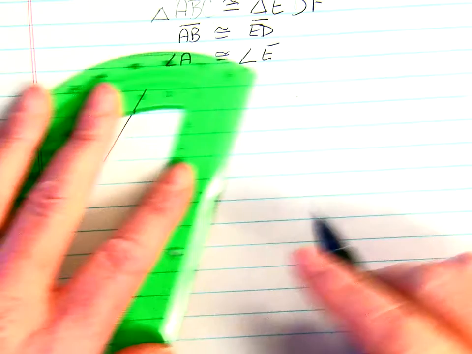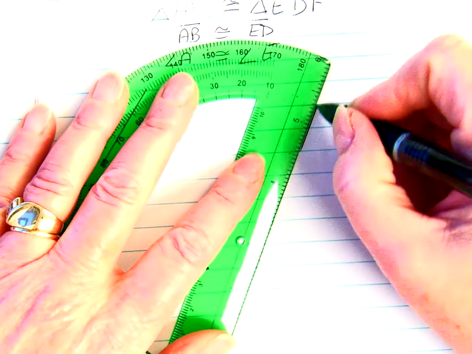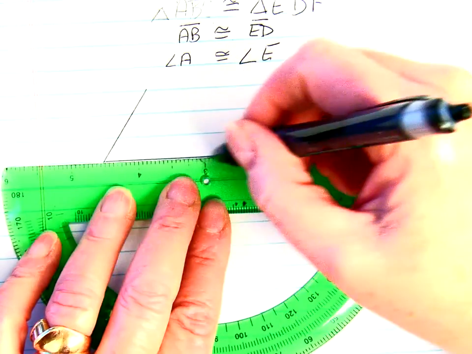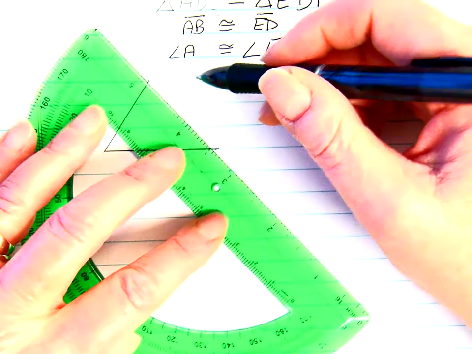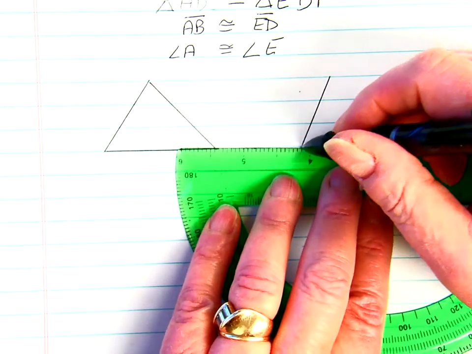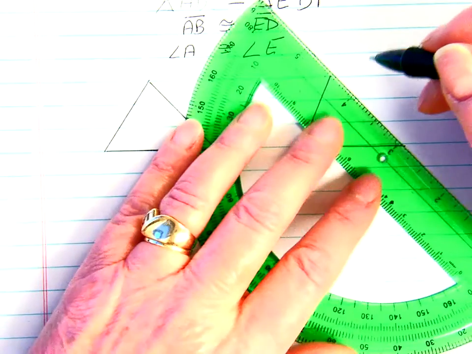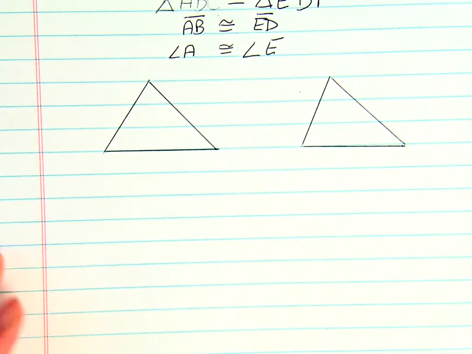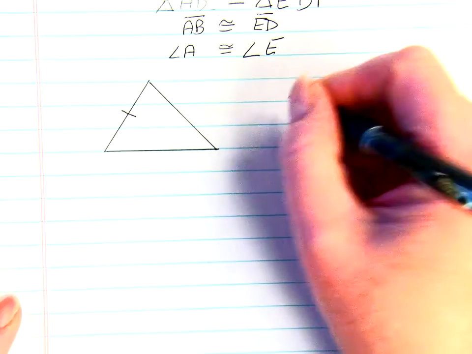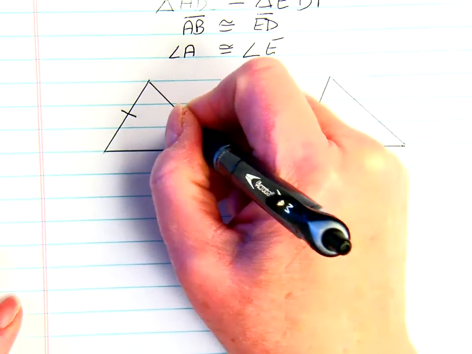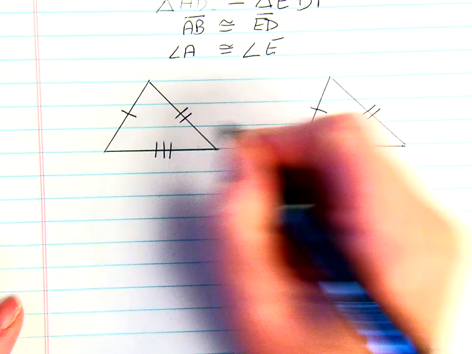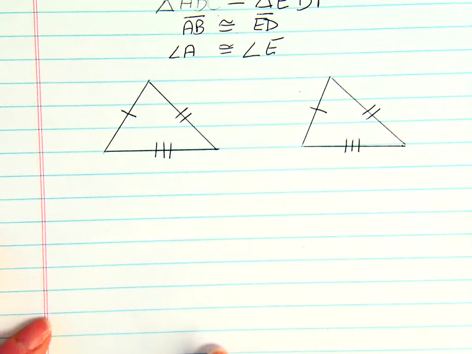So let's build our two triangles, and we'll make them as close as we possibly can to being congruent. I'm not going to be actually able to build congruent triangles, so we just say that they are. Okay, so I'm going to say that those sides are the same, and that side is the same, and this side is the same to here.